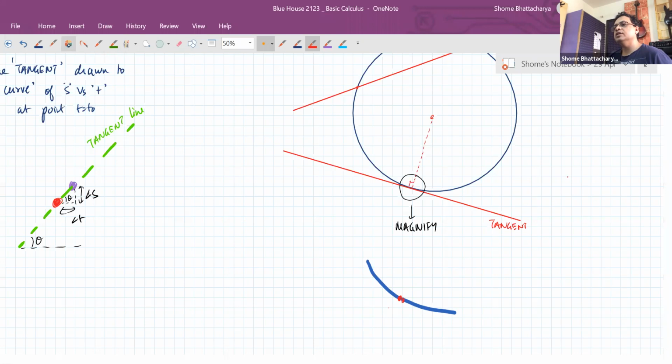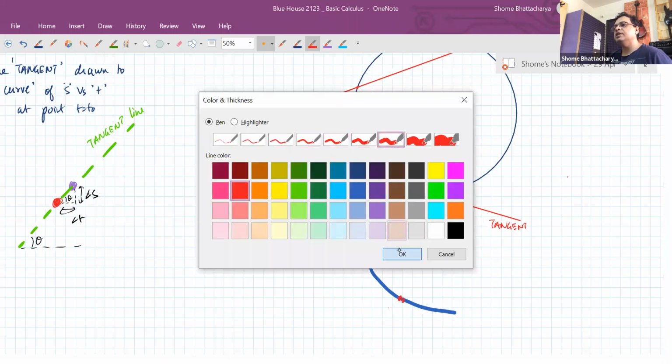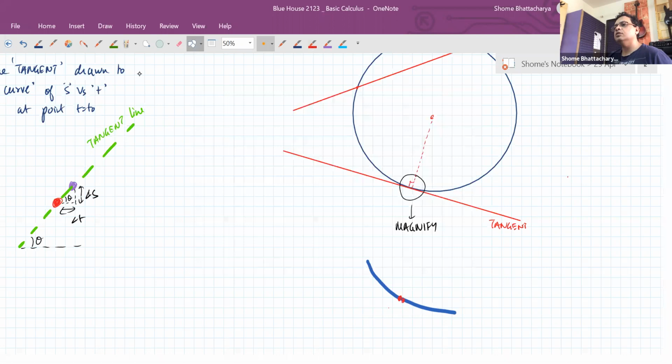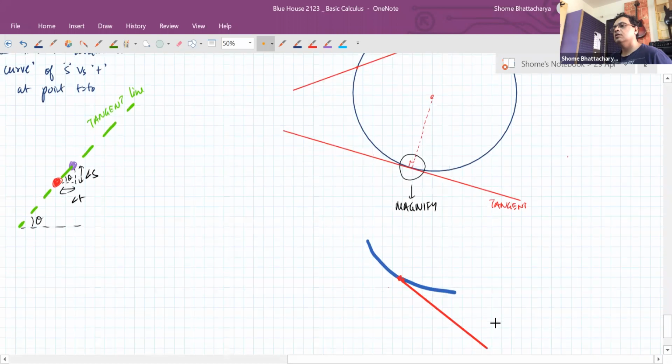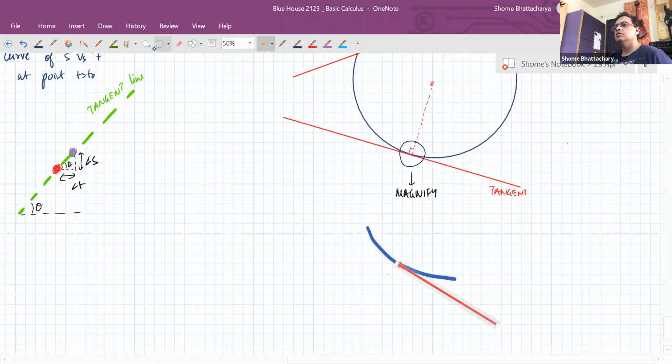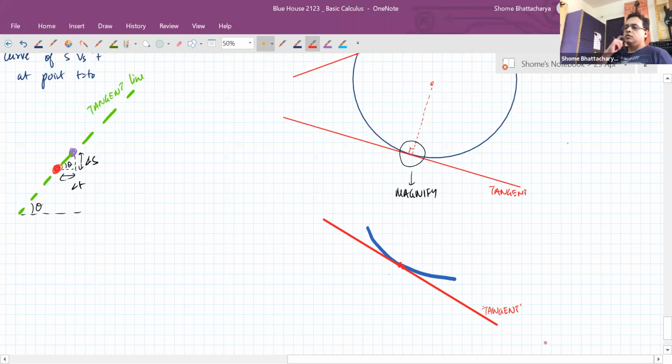Now, if you join those two consecutive points, the type of straight line that you get is what your tangent line is. That is what this whole business of tangent line is. So hope this makes it somewhat clearer.